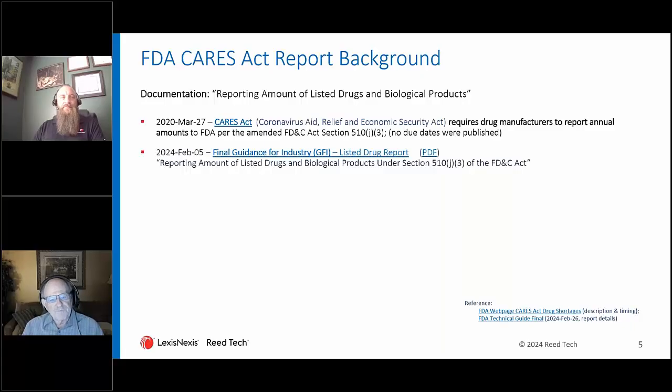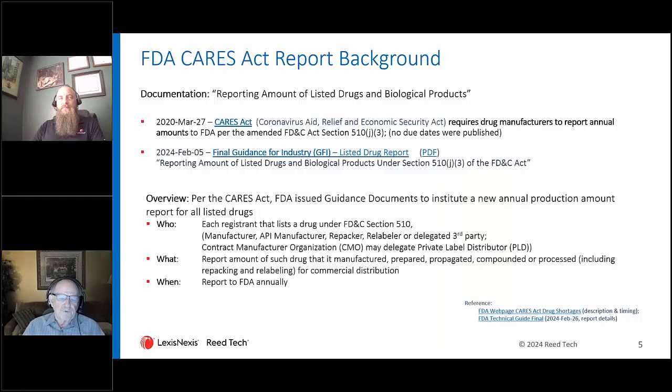And then over the course of time, there were some documents that came out. The various guidance for industries came out, draft versions, some technical versions. The most recent one that's in effect now came out in February, and that has a lot of good description about the particular responsibility and how you go about preparing the report and making the submission.